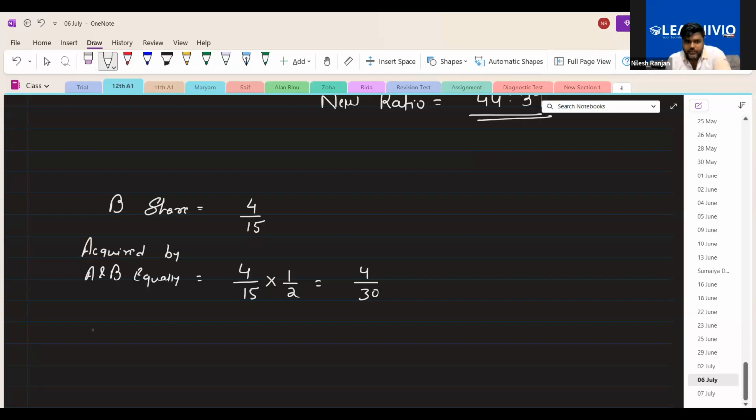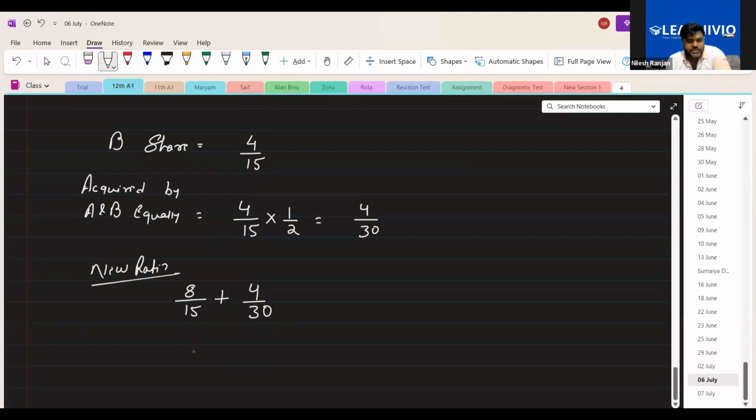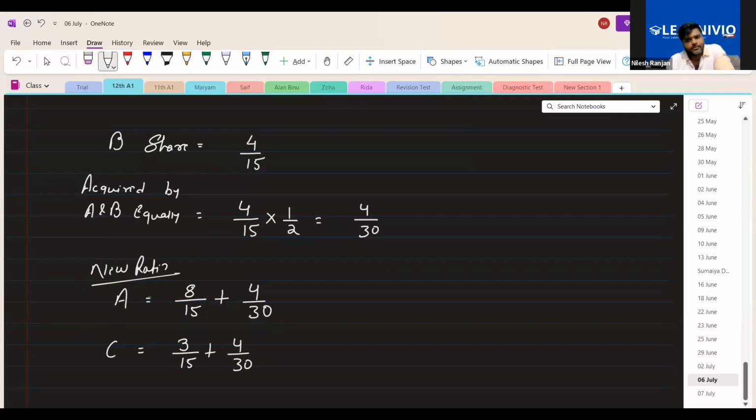A and C both take it equally, so 4 by 30. Now the new ratio. Their old ratio was 8 by 15 plus 4 by 30 for A, and for C, it is 3 by 15 plus 4 by 30. Is this correct? Yes, sir.